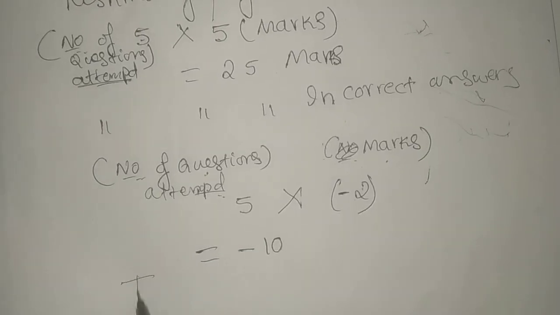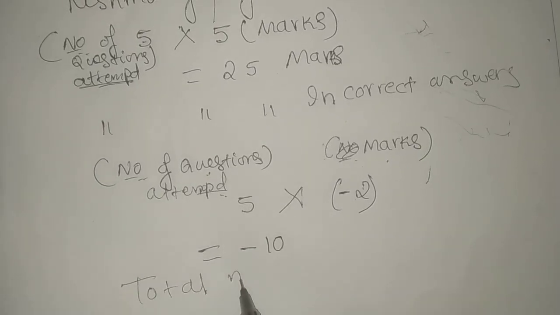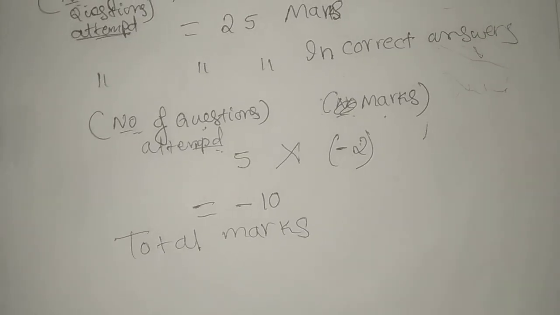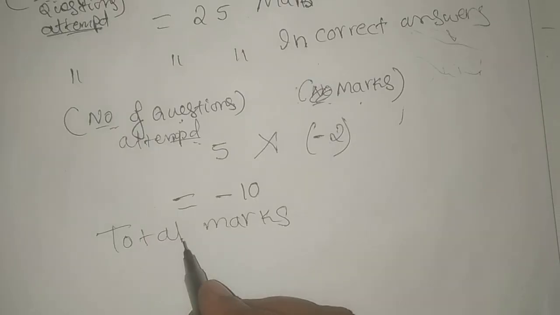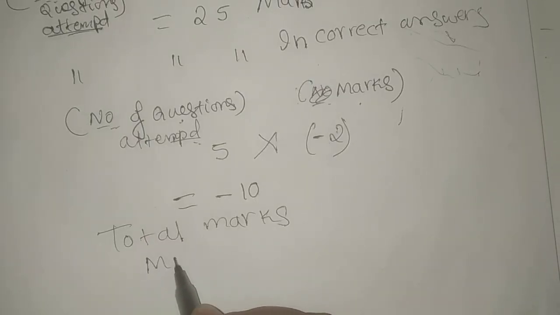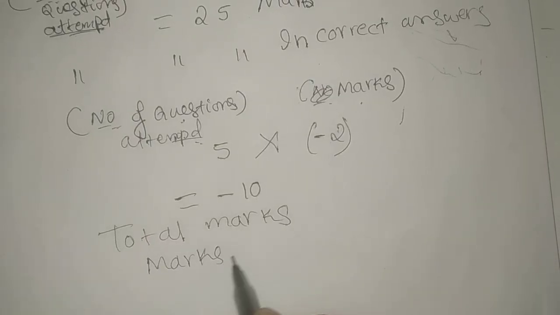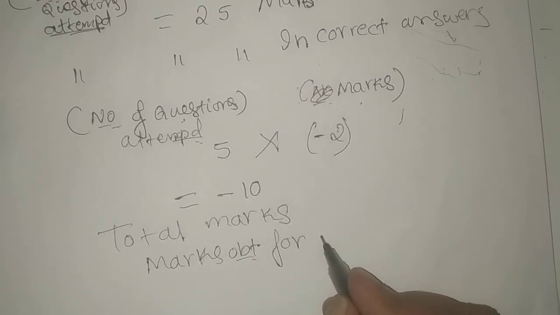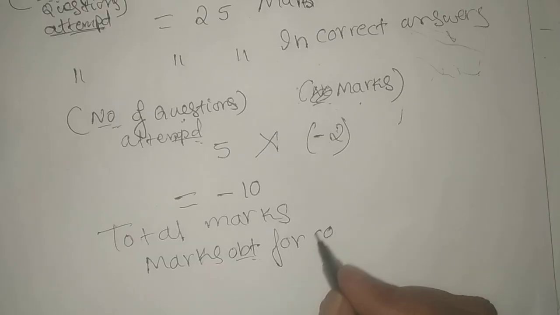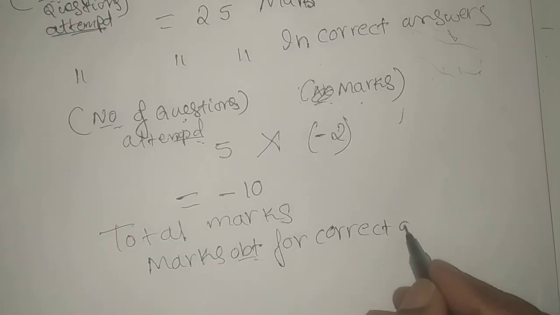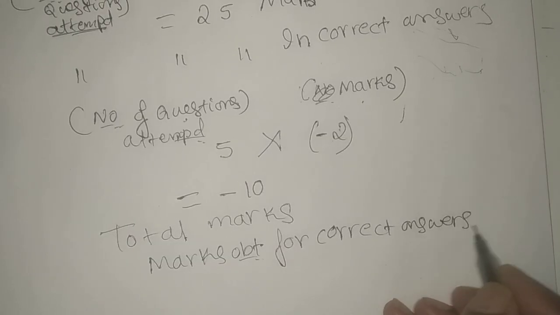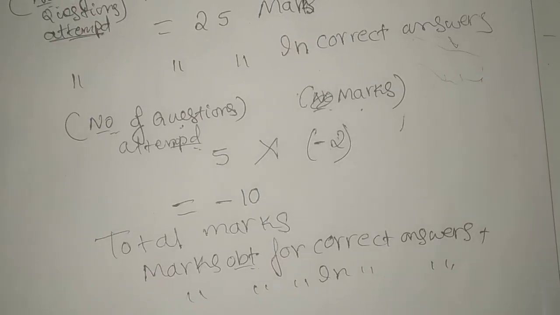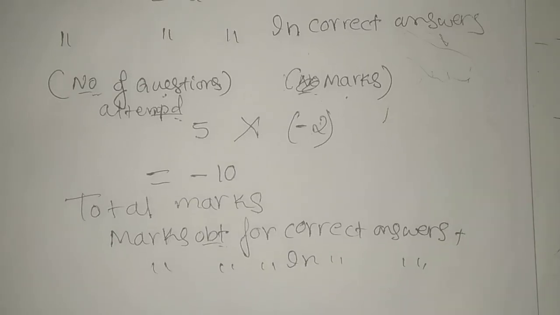Now total marks. Total marks is calculated as marks obtained for correct answers plus marks obtained for incorrect answers. Add both.